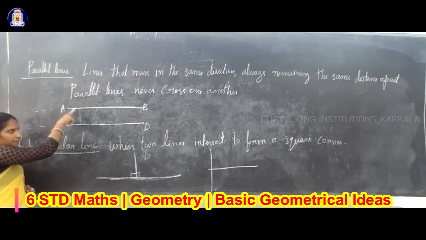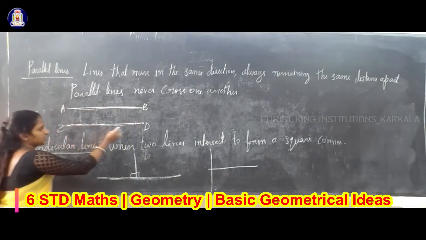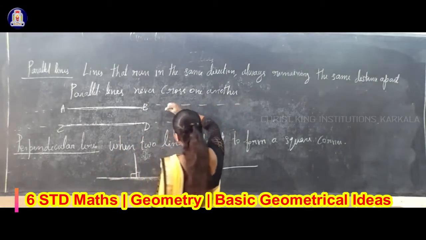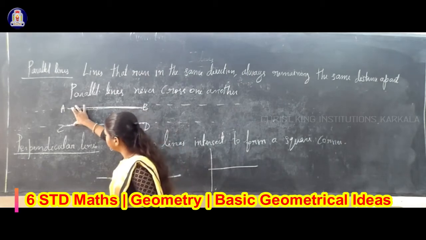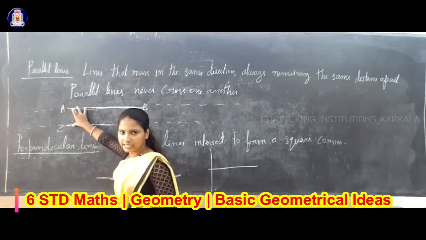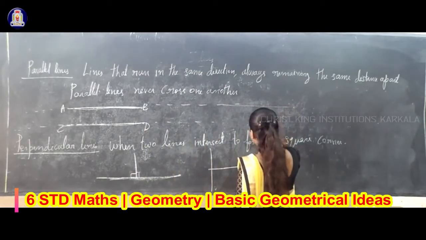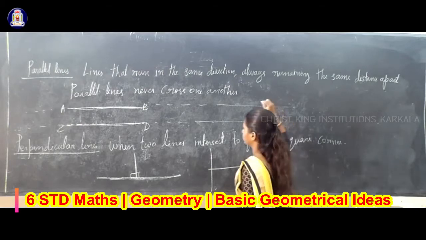That is what a parallel line is. For example, if the distance between A and C is 2 centimeters, and you extend the lines, the distance at the far end should also be 2 centimeters only.